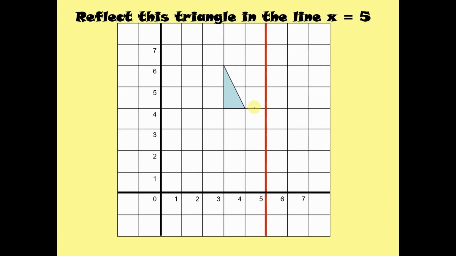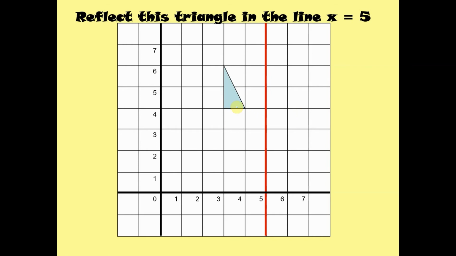So what we have to do is, first of all, we must know where the shape, the image, is going to be. If the mirror is over here and we have this triangle here, this triangle is called the object. So if the object is here, where am I going to find its reflection?